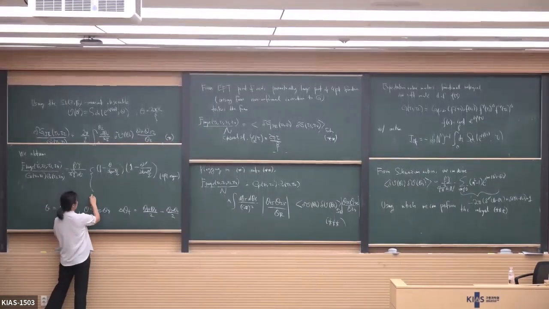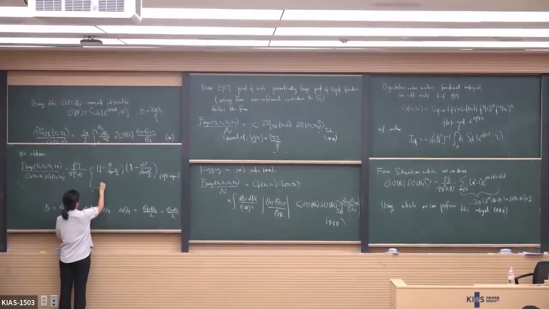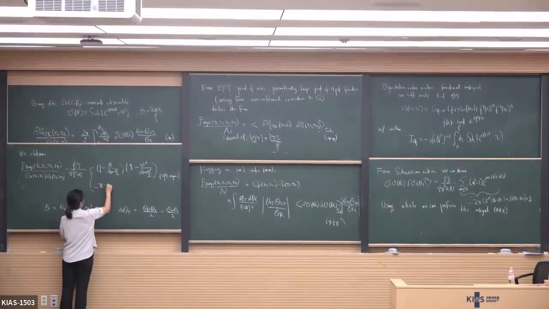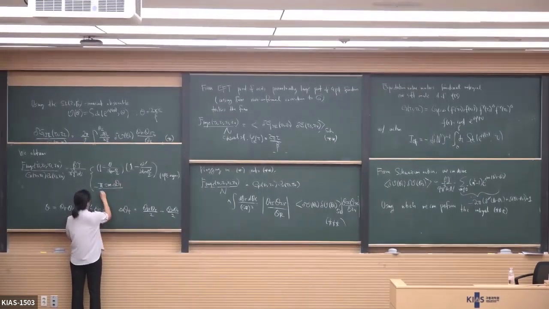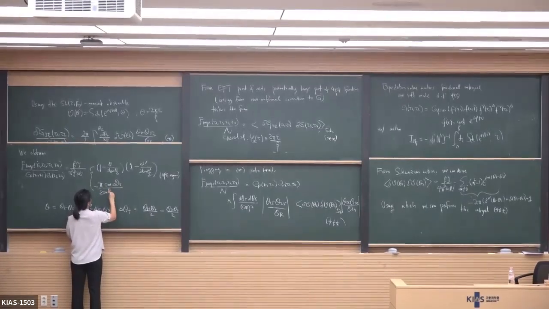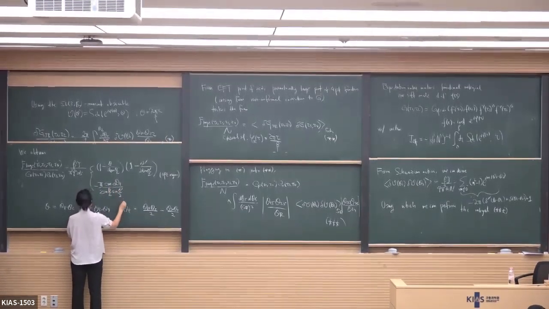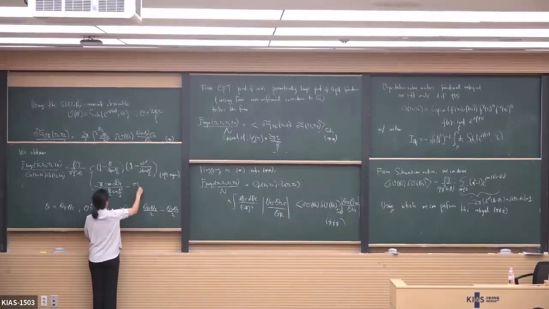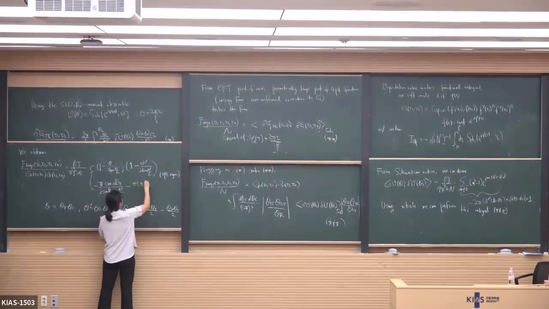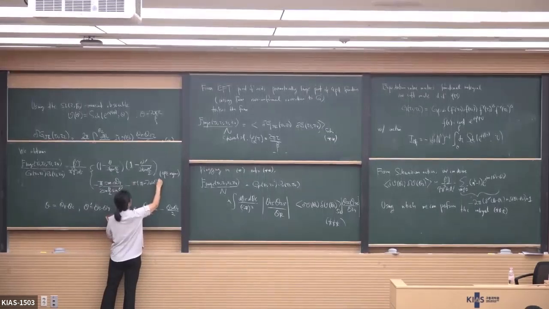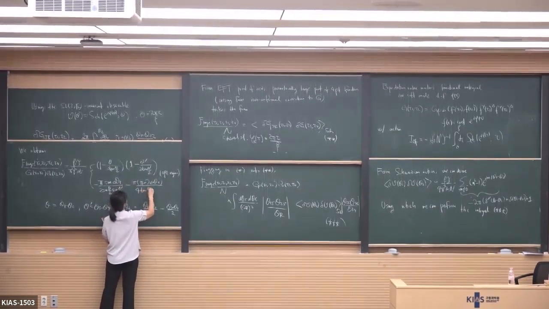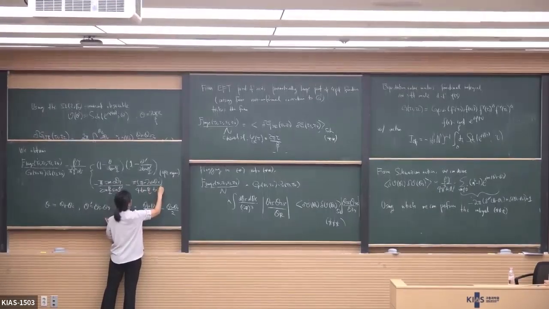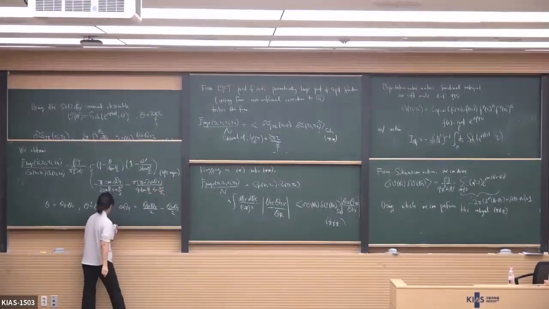So the expression in the OTO region is given as follows: minus pi times sine of delta theta plus over 2, sine theta over 2, sine theta prime over 2, minus pi times pi minus 2 delta theta prime over 4, tan theta over 2, tan theta prime over 2.